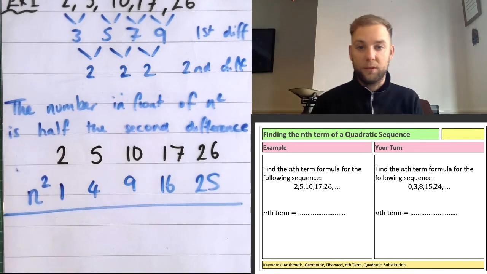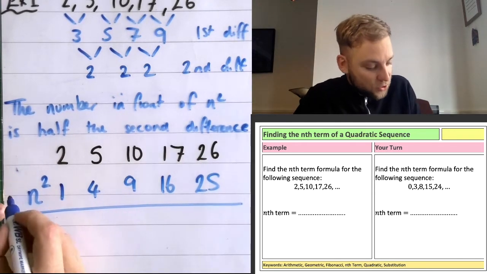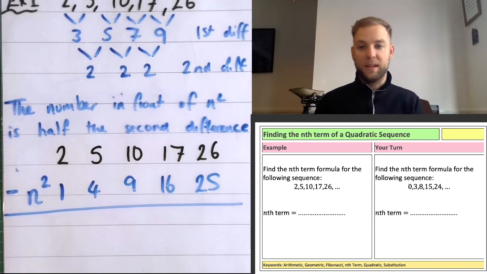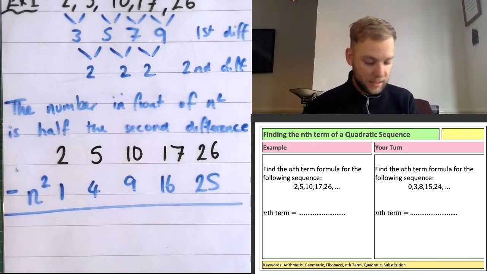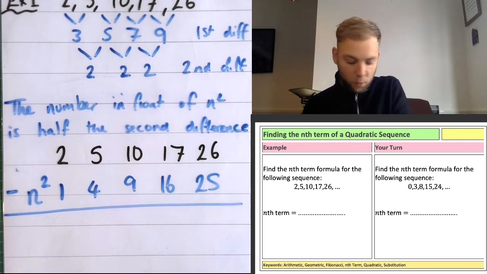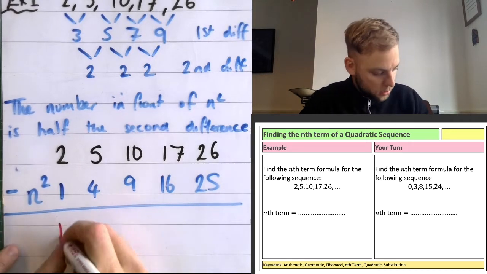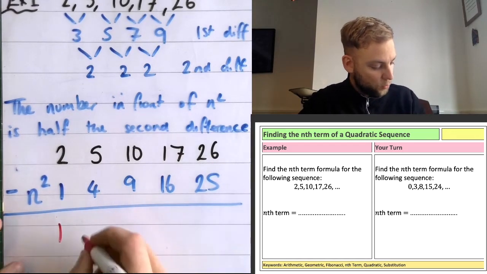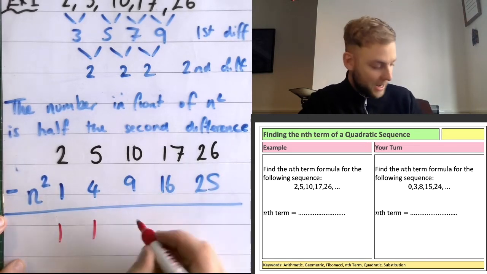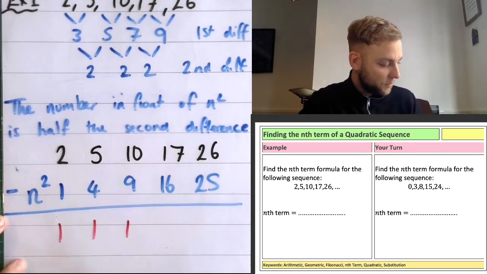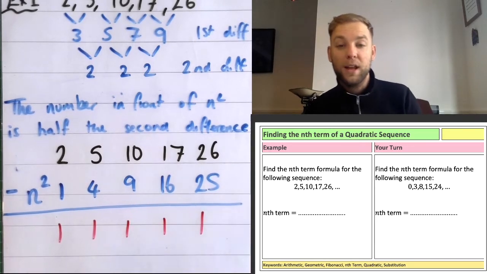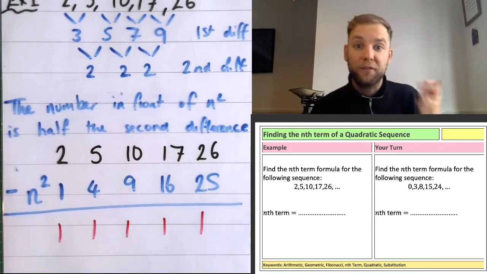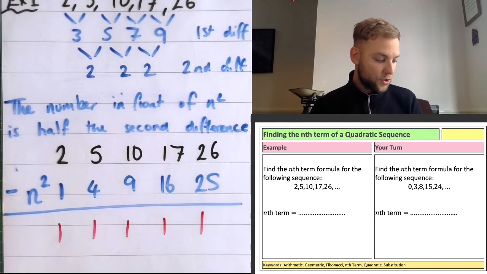Now I subtract this n squared to find out what the leftover pattern is. So 2 take away 1 is 1, 5 take away 4 is 1, 10 take away 9 is 1, 17 take away 16 is 1, and notice that this pattern is just 1, which means that there's just 1 left over.